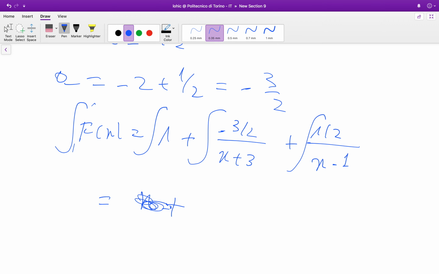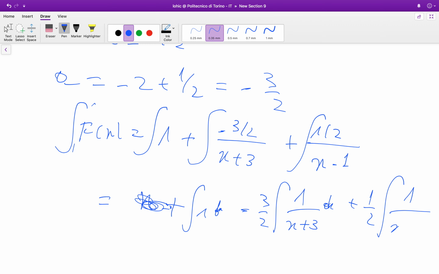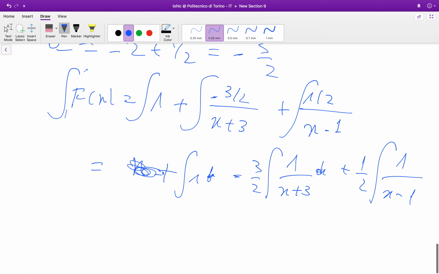I can take the minus 3 over 2 times the integral of 1 over x plus 3 dx, plus 1 over 2 times the integral of 1 over x minus 1, yes or not?